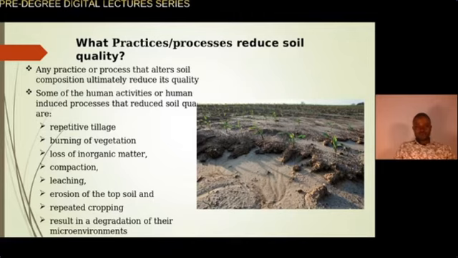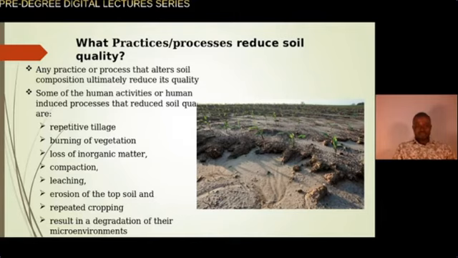Vegetation burning, or burning of vegetation. Vegetation, of course, provides coverage for the soil, preventing wind and water erosion, preventing excessive dryness, and other properties. Whenever the vegetation is burned off, litter is removed from the soil, decaying organic matter is reduced, as well as the microorganisms that are lost to the heat from the burning.